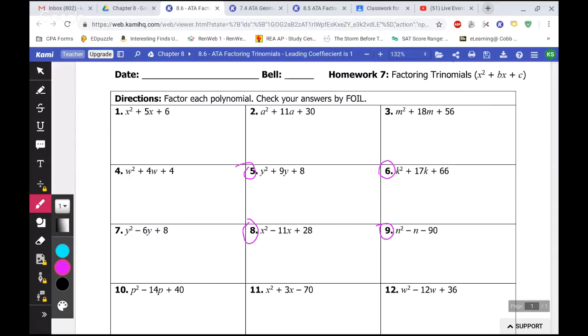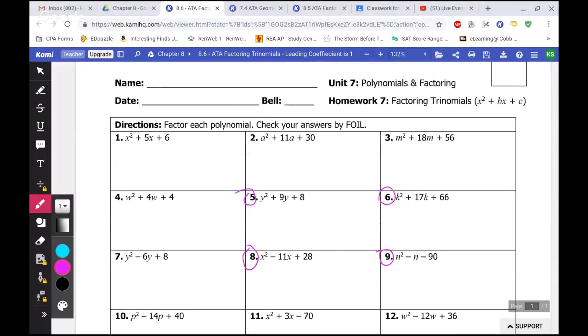Okay. I'm looking for two factors that equal 56 when I multiply them, that when I add them, they are 18. So I want to list the factors of 56. So that's going to be 28 and 2, 56 and 1, and 7 and 8, 14 and 4.